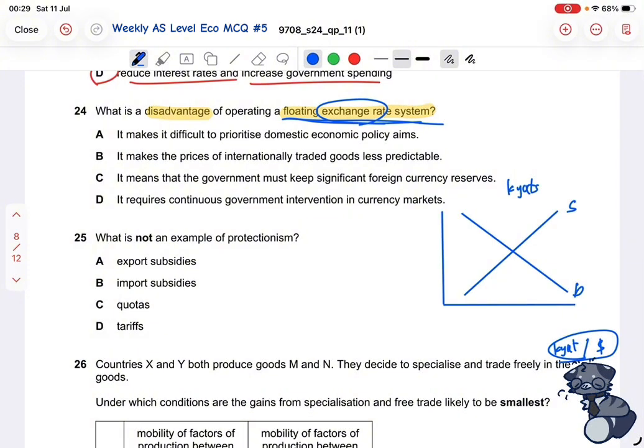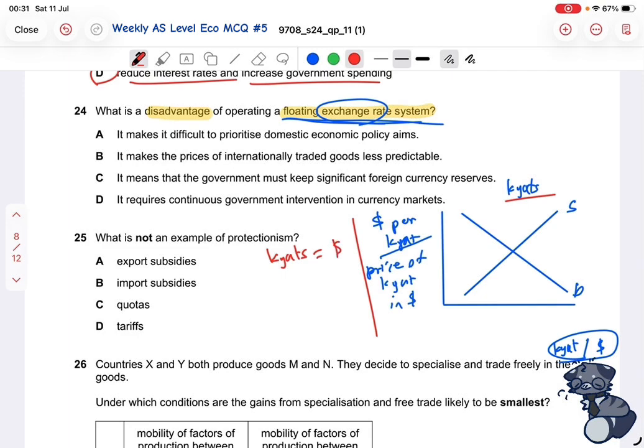So on the y-axis, we have dollars per kyat, also known as the price of kyat in dollars. The way that you can remember this is that since this foreign exchange rate is in the focus of kyats, that means that we want to know what the value of the kyat is. So we want to know the value of the kyat in US dollars.